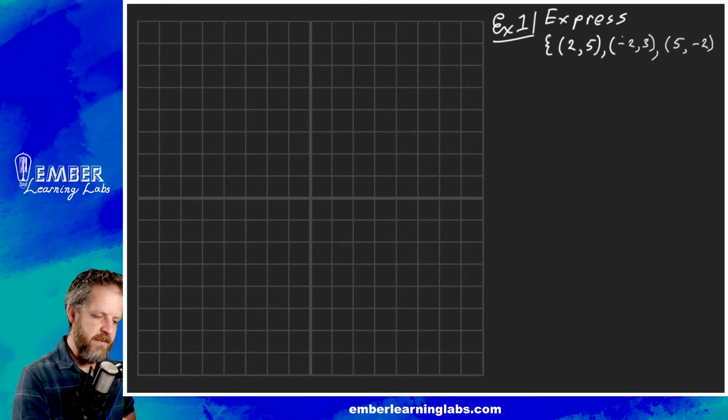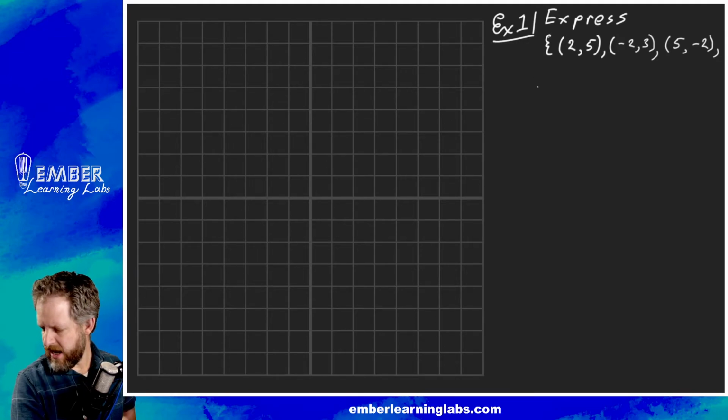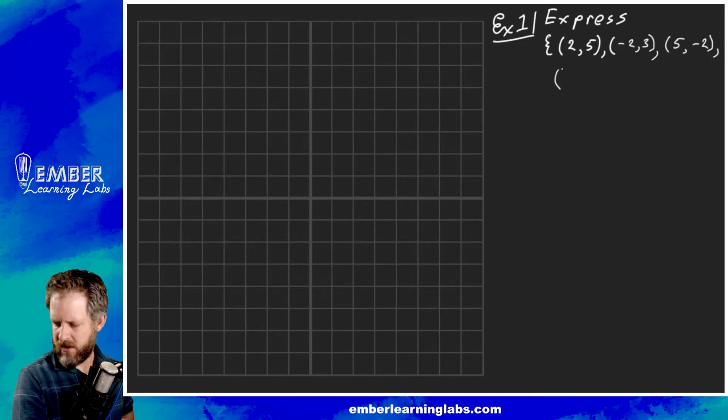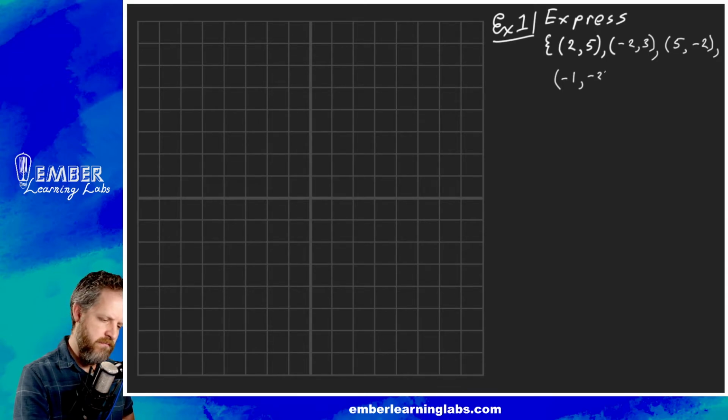Because of my space, I'm going to keep on writing this on the next line. And the last ordered pair is going to be (-1, -2).